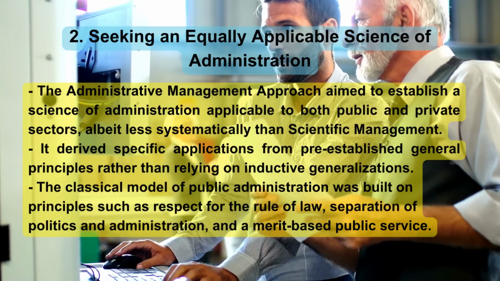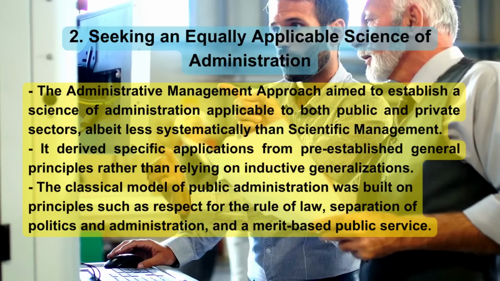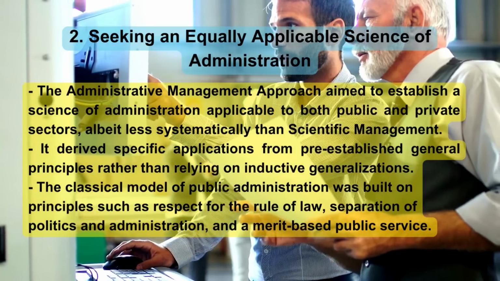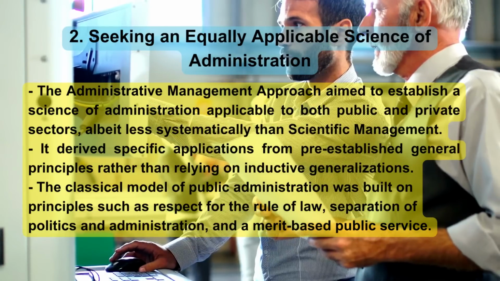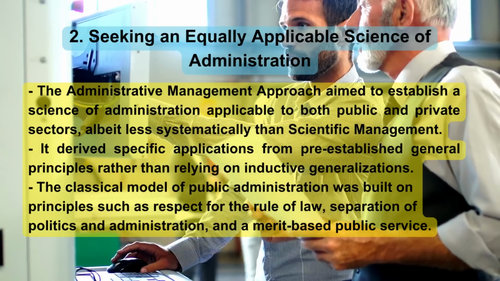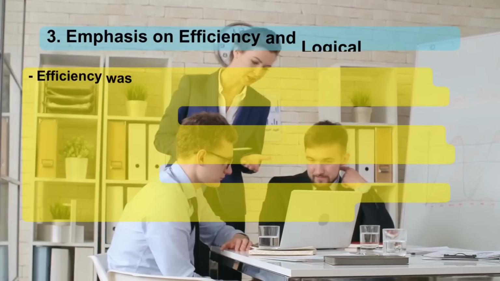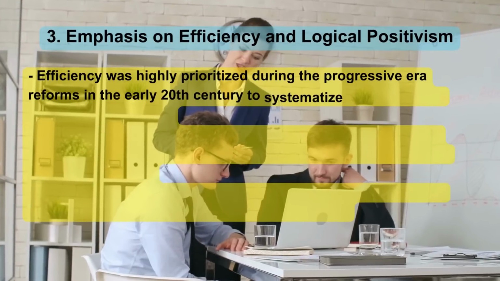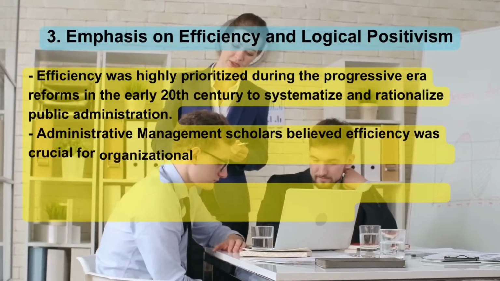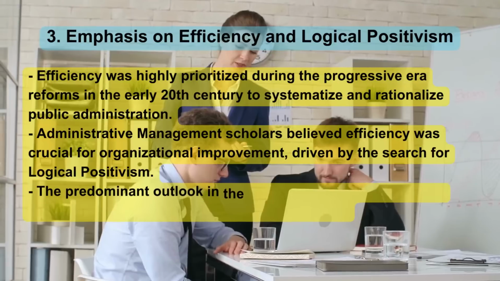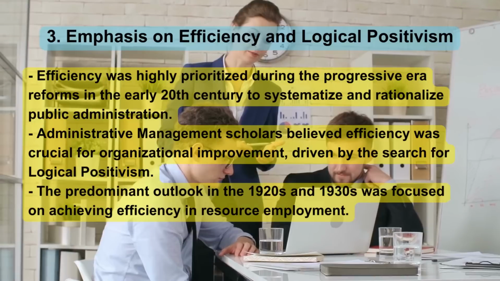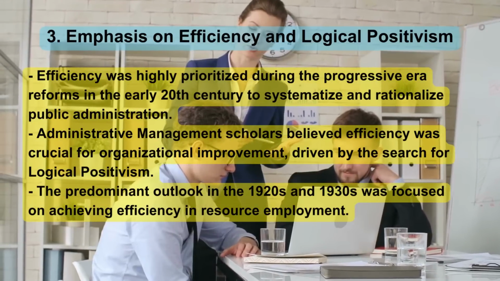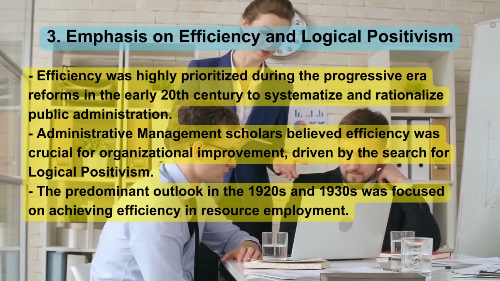The classical model of public administration was built on principles such as respect for the rule of law, separation of politics and administration, and a merit-based public service. 3. Emphasis on efficiency and logical positivism. Efficiency was highly prioritized during the Progressive Era reforms in the early 20th century to systematize and rationalize public administration.